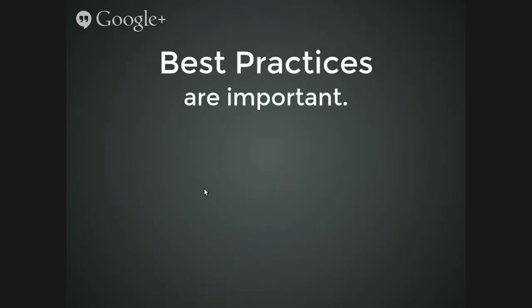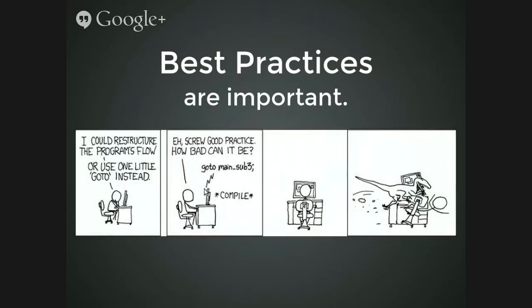So best practices are important. They're not only important because you might get attacked by a T-Rex. They are important because it's the way that we have agreed to do things. And when the code doesn't look the way others expect, it slows you down when you're working on someone else's code.